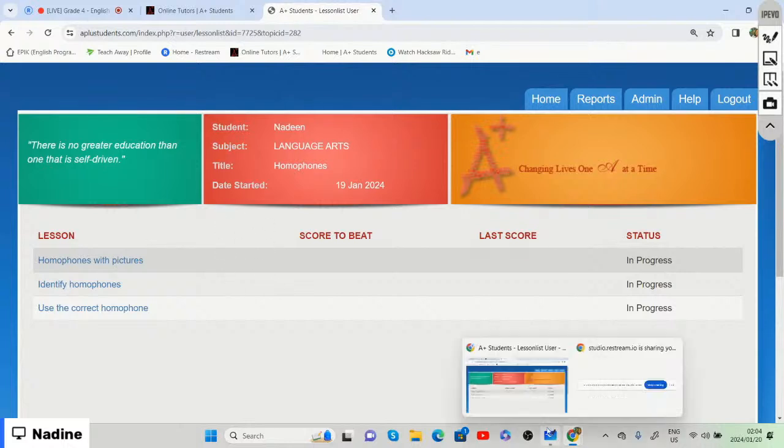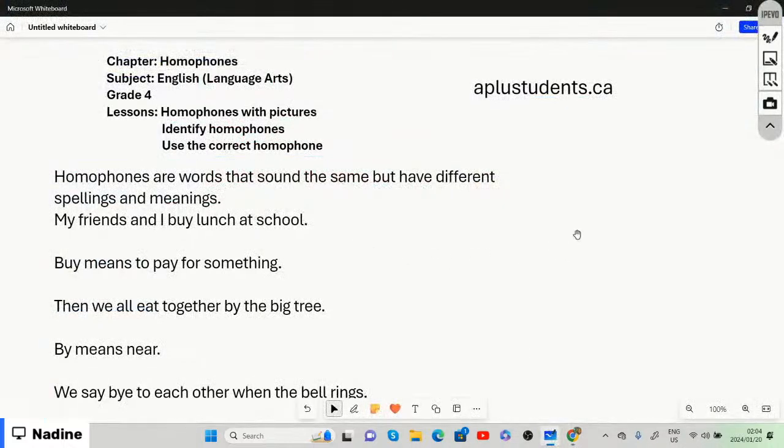All right. So now we see that our chapter is homophones. The subject is English Language Arts, grade 4.